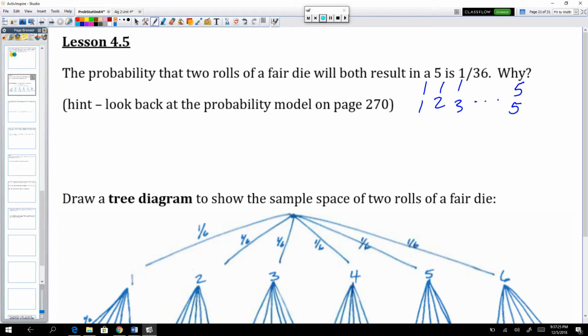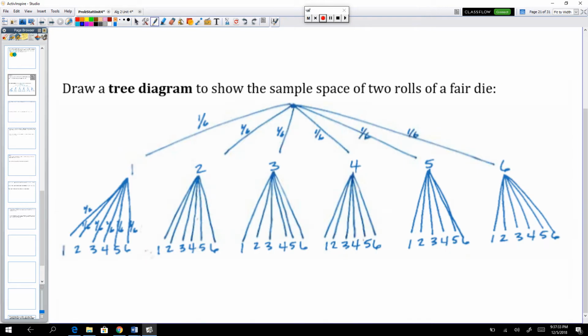If we were asked to draw a tree diagram in probability and statistics for the 2 rolls of a fair die, this is what that tree diagram would look like. Tree diagrams always start with a single point where we've not taken any action, and then the first set of branches of the tree, for this particular example, will indicate roll number 1, and we know that roll number 1 can have these different outcomes: a 1, a 2, a 3, and so on.